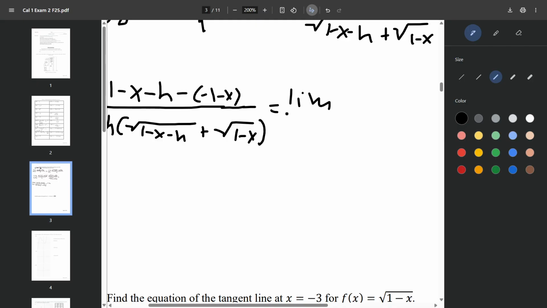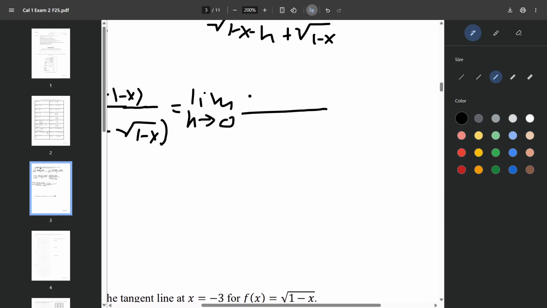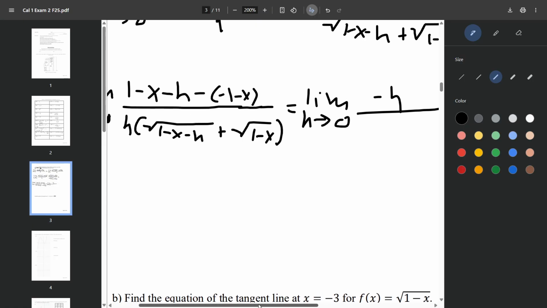In this case it's going to be negative h when all of these terms are added together.